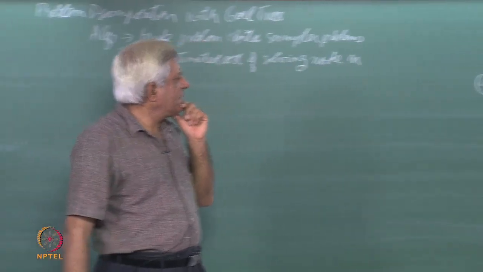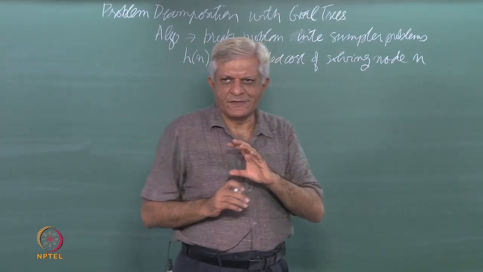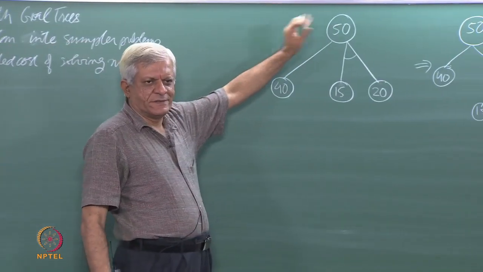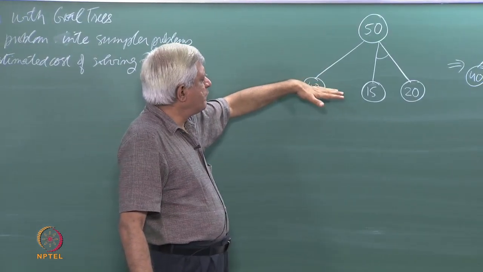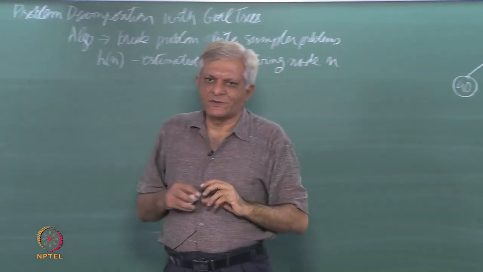So, you have expanded, we will use the same term, expanded a node. So, you have expanded the root and you have got these 3 nodes. So, which is the next node that one should pick?